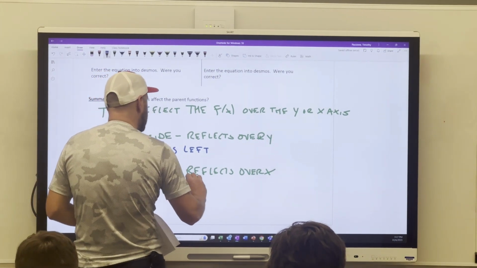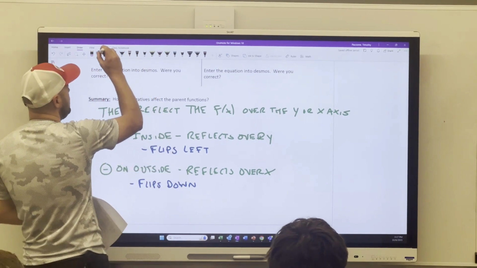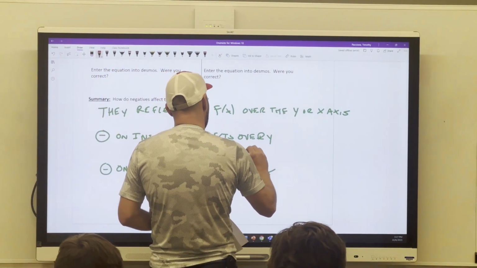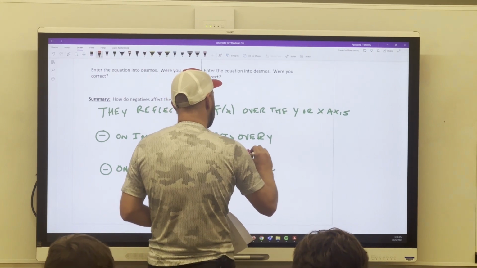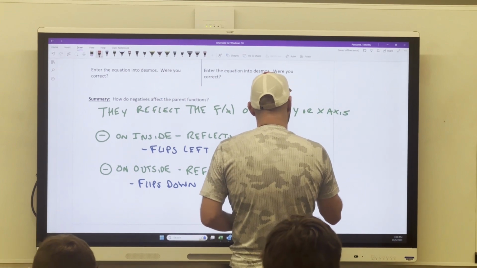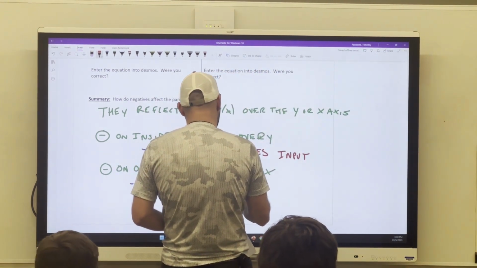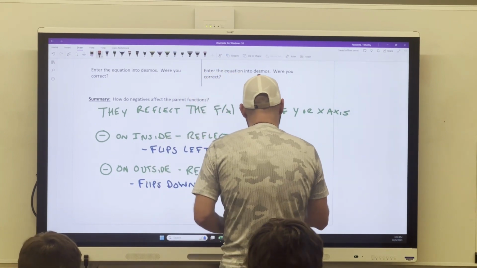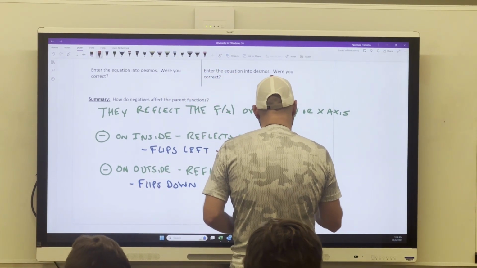And why is this happening? Because we like to ask why. This negates, means makes negative, the input, and this negates, makes negative, the output. Right?